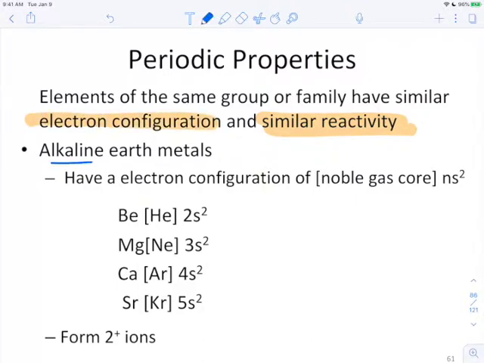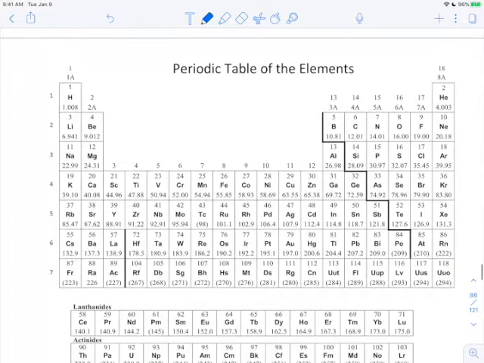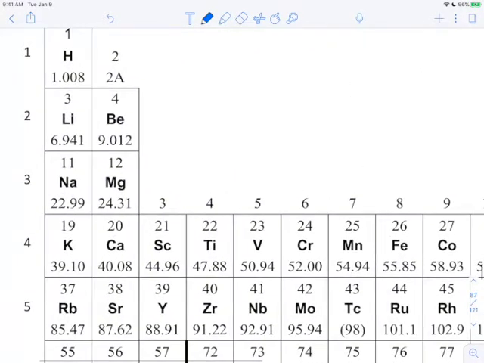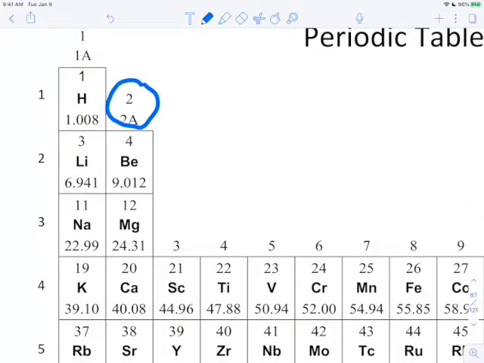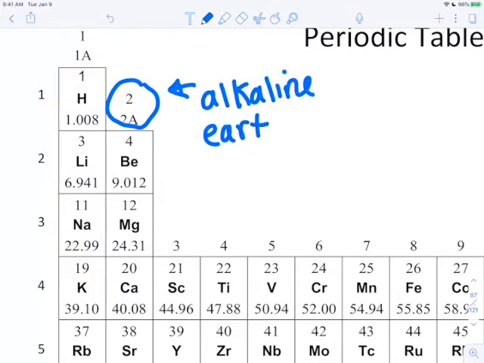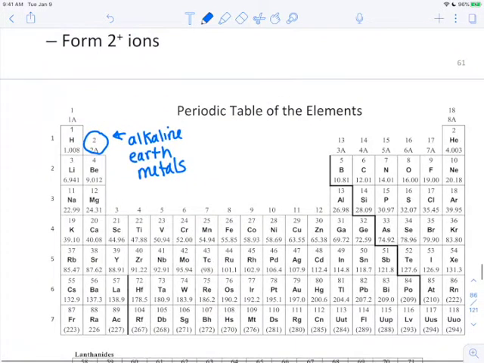And right here we're looking at the alkaline earth metals, and let's take a moment to look at them on the periodic table. So here's our periodic table, and this group 2A right here, these are our alkaline earth metals. And what we know is that all of them will end with s2.